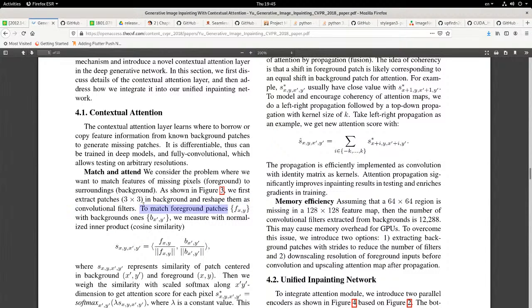To match foreground patches with background ones, we measure with normalized inner product.